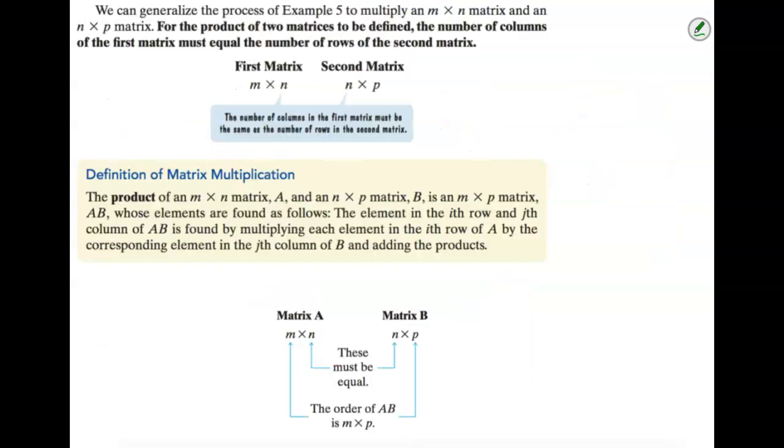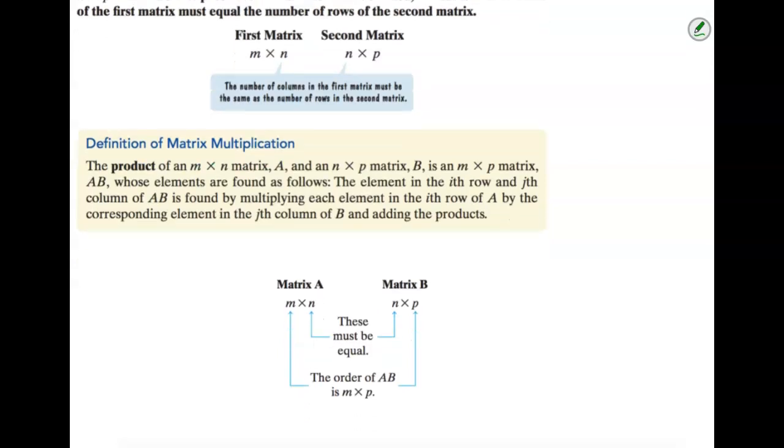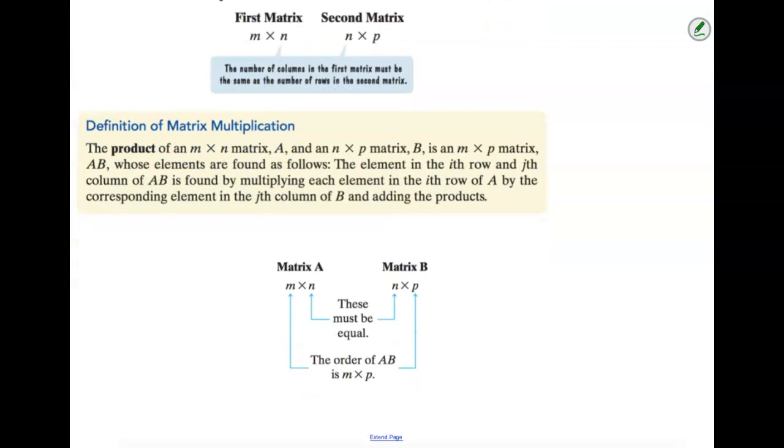Now there is a rule that does apply when you multiply matrices together. So it's easier, I think, to look down in this blue set of arrows. So let's say we have matrix A, and this is the order of matrix A. It is an M times N matrix, maybe 2 times 5.